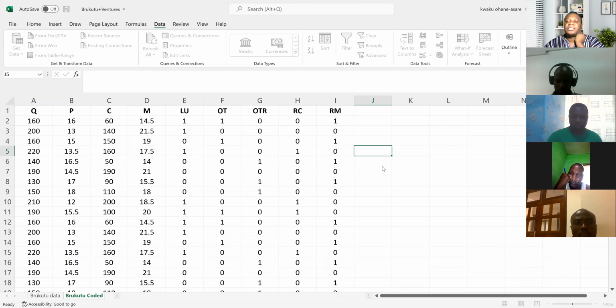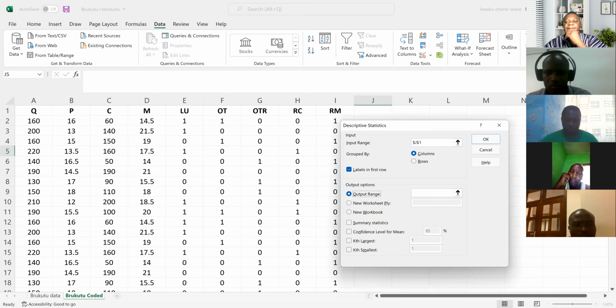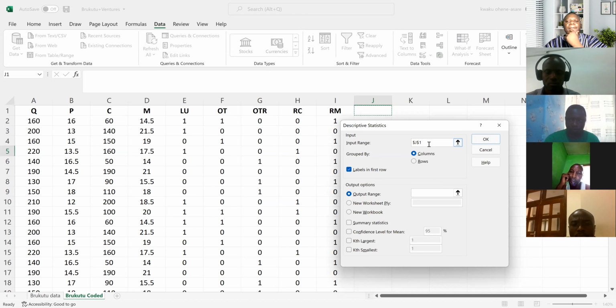Yes, Bernice. Hello, Doc, please. I don't really understand the input range. I don't know how we came about that. Is there any reason why we've chosen this, so that in subsequent data packages, we will know why and what to type into the input range, please? Okay, I've not even started. All right, so the input range, select it. Let me show you something.